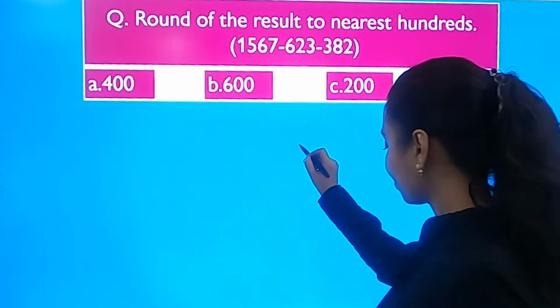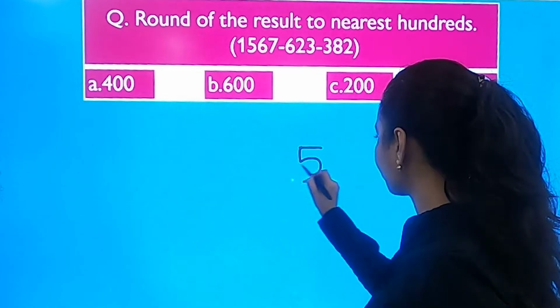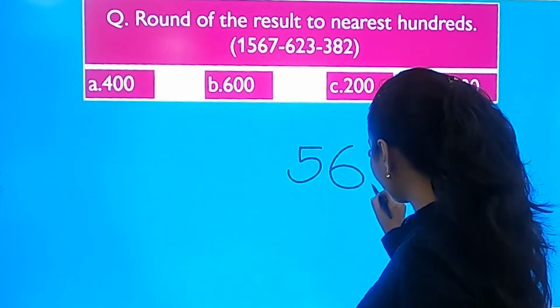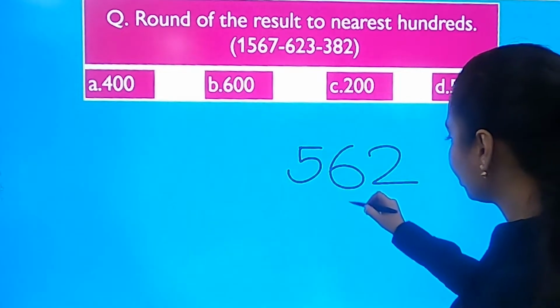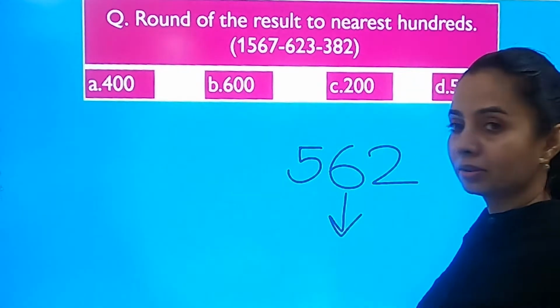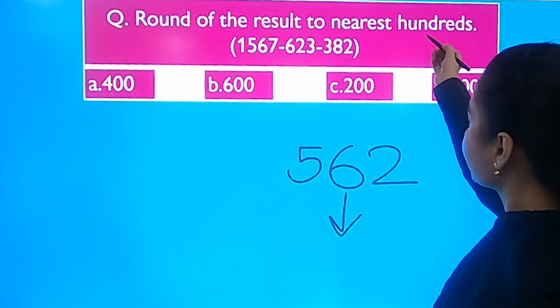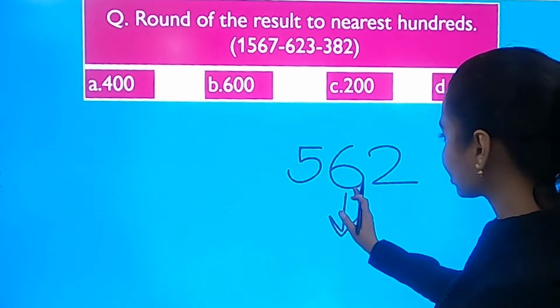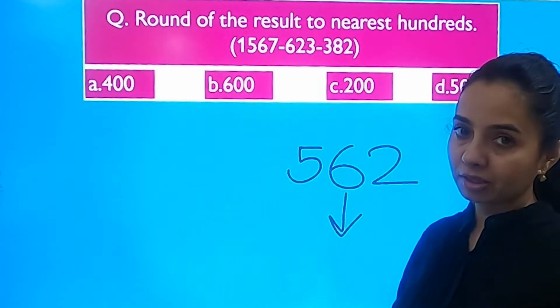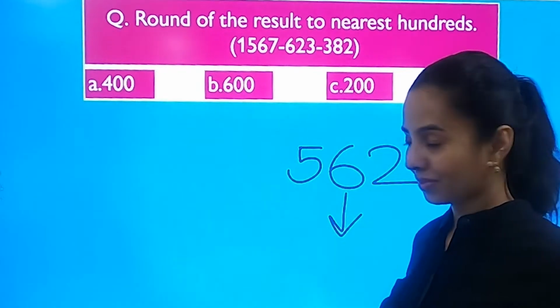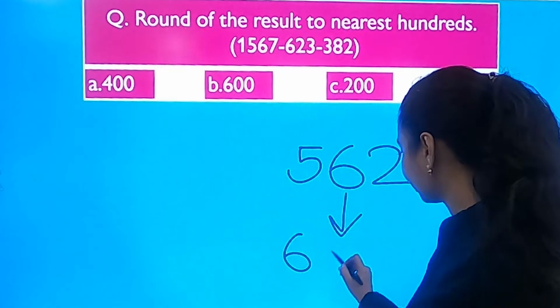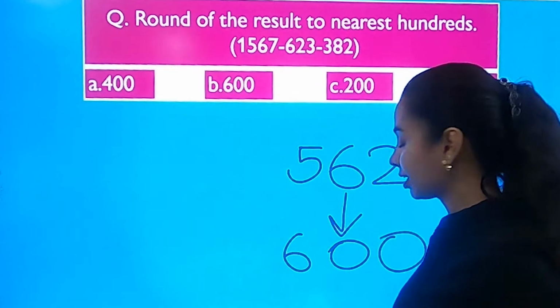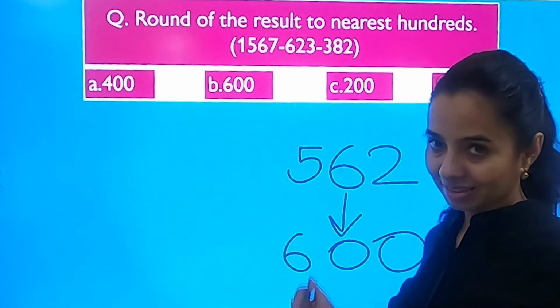The answer will be 562. Once we have got the answer, then we will round off this number. So we have to round off to nearest 100. So 562 when rounded off to nearest 100 will give us 600. I'm sure you're clear with the concept of rounding off. This is easy for you.